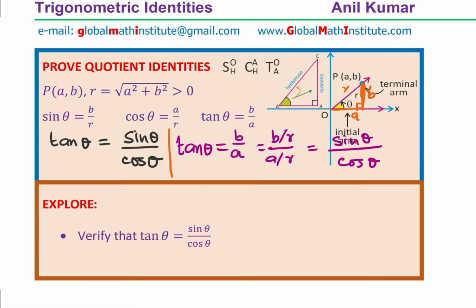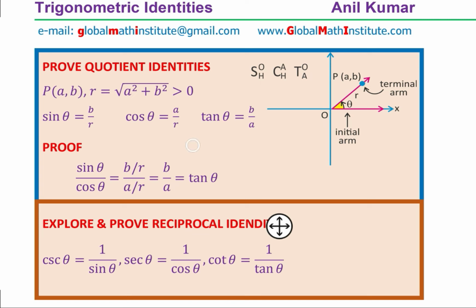Is that clear to you, right? So here is the proof for you. If I divide sin theta by cos theta, sin theta is B over R, cos theta is A over R. R and R cancel, right? So you get B over A and that is equal to tan theta. We could do it the other way also, starting with either tan theta or starting with sin theta over cos theta.